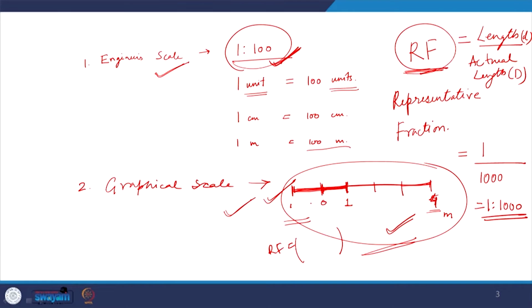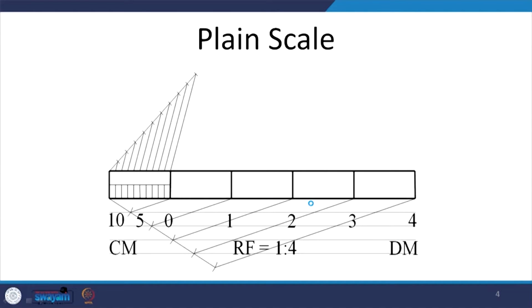Now, what we are going to learn about is how to draw the graphical scales. There are various different types of graphical scales which are used. We are going to learn about 2 scales here. I am showing it to you here on screen, and after that we would quickly look at how to draw them.